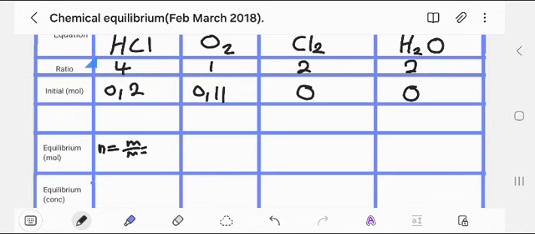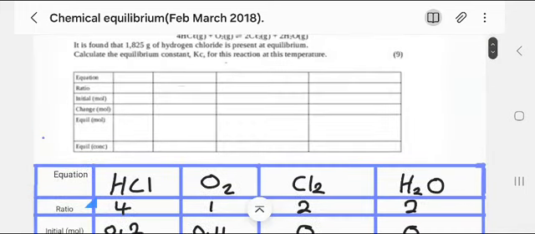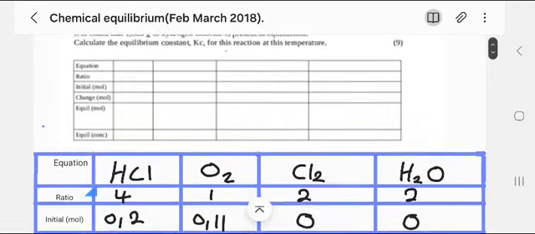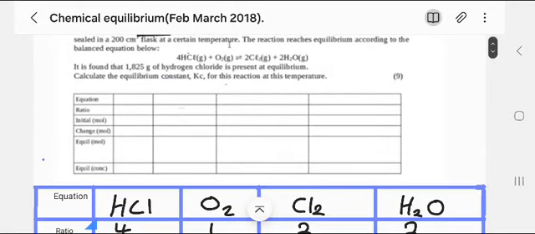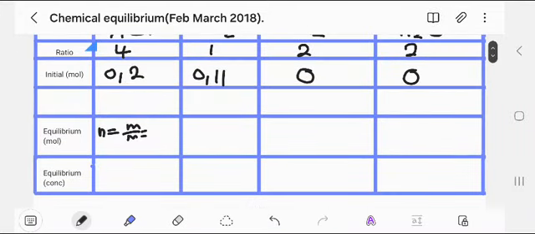The mass given there is 1.825, divided by the molecular mass.